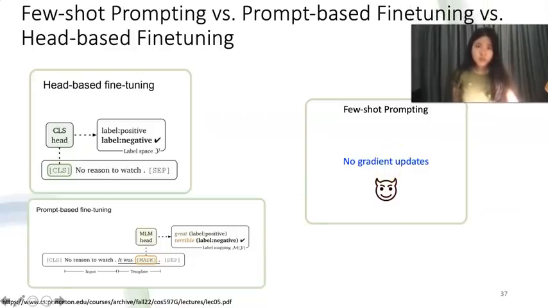And just to add a little about the comparisons between few-shot prompting and prompt-based fine-tuning and head-based fine-tuning. So head-based fine-tuning is just the traditional fine-tuning, the standard classical fine-tuning that we used before. That is, we add the CLS token and we fine-tune it for, for example, the sentiment classification task. Here our input will be "no reason to watch."